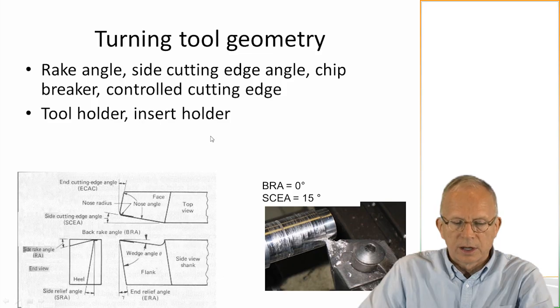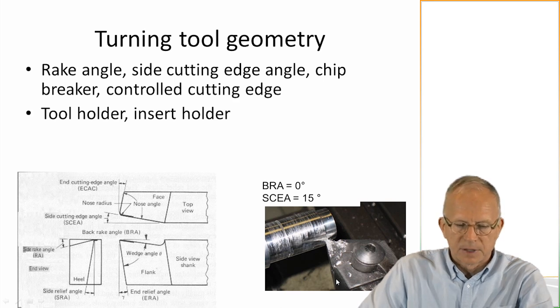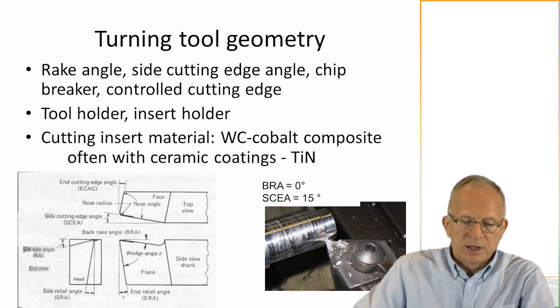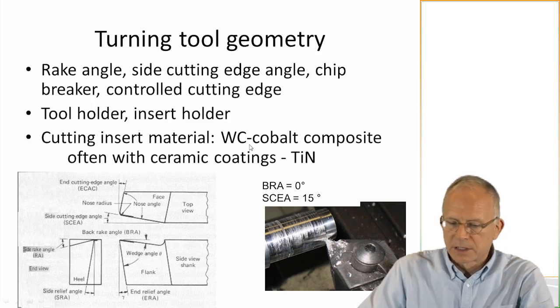The tool holder, and then there's the insert holder. So this is a cutting tool insert. It's hard to see. We'll see more of these. It's being held in here by this thing, which is on the tool holder. Also note that the insert material often is like tungsten carbide cobalt when we're using a cutting tool insert.